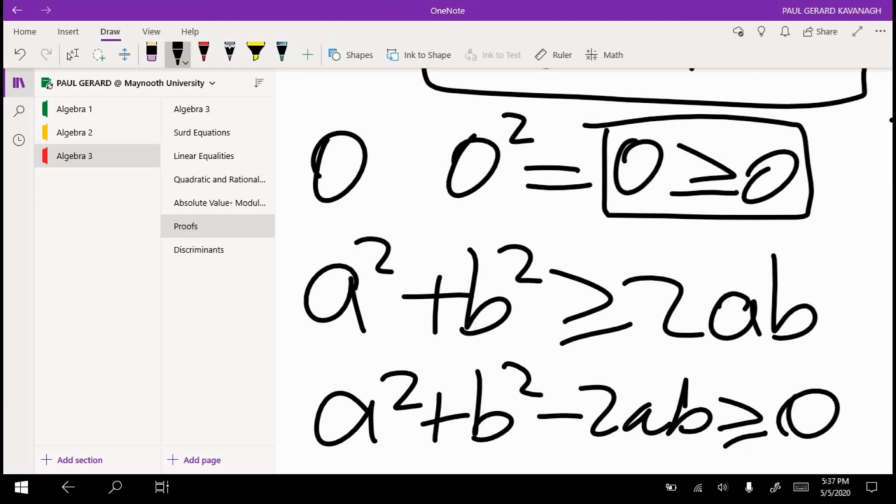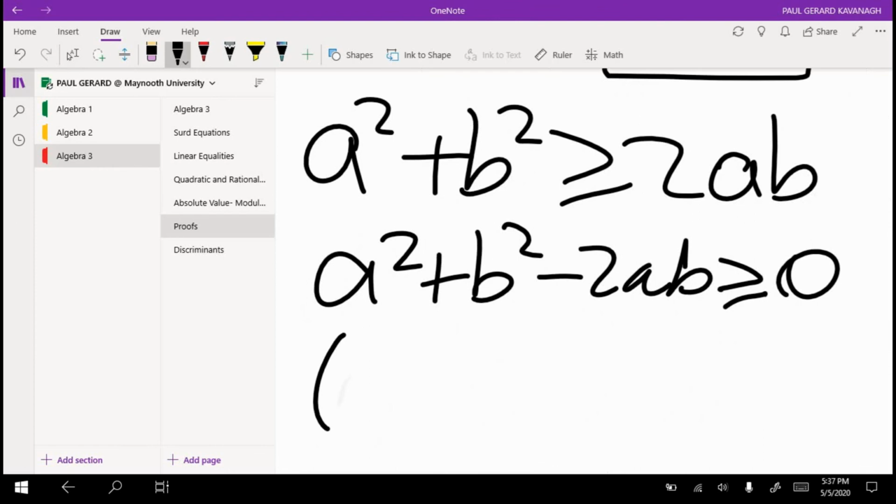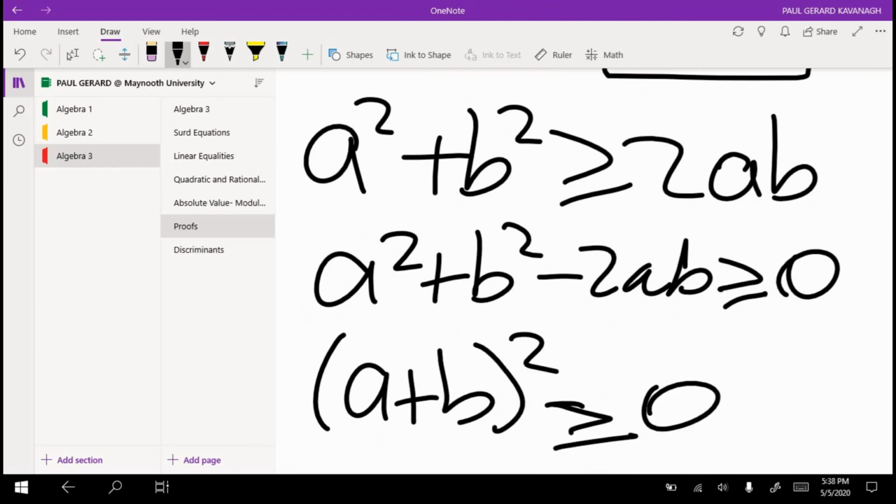And if you said 2 and minus 2, it's going to be 2 squared plus 2 squared, that's 4 plus 4, 8, minus 2, bracket 2 and 2, that's 4, so that's 8 minus 8, and no matter what the situation is, this will be true. So that is always going to be true, since a real number squared is always going to be greater than or equal to 0. So that would be an example of that.